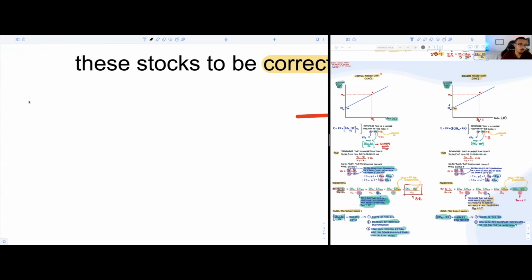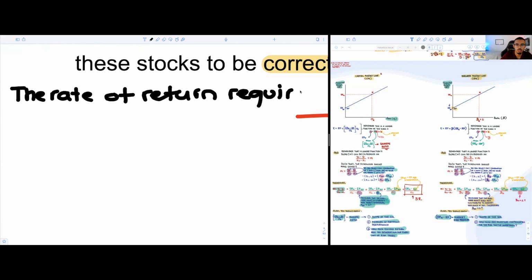And we could coin it as being the rate of return required per unit of systematic risk.